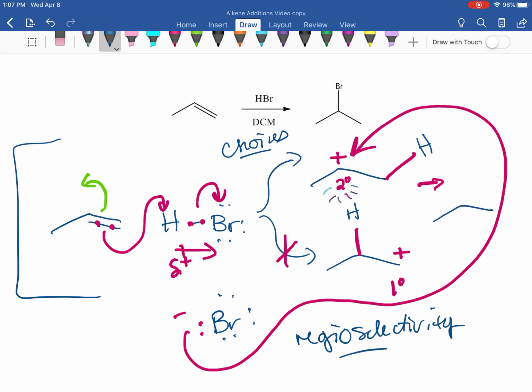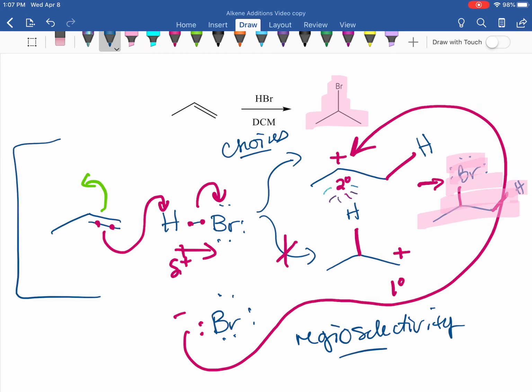So what is our product going to be? Well, we formed a bond to our hydrogen out here, and we just formed a bond to our bromine right there. So out of this whole process, even though you had two choices, this is the one that you actually made. And this is the one that ends up being your product.